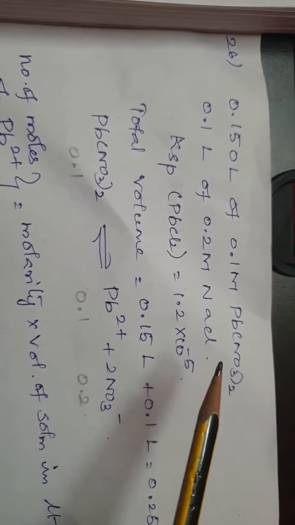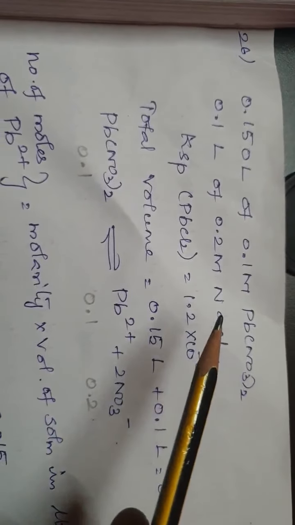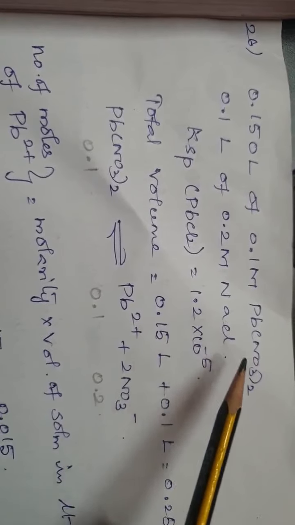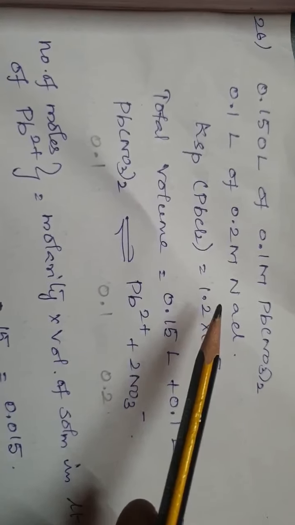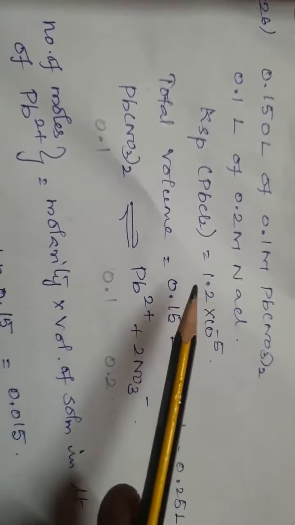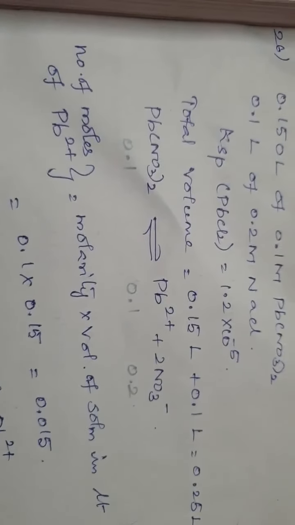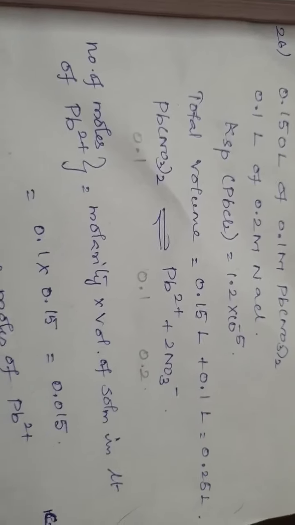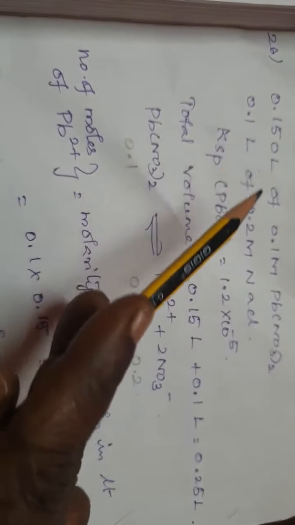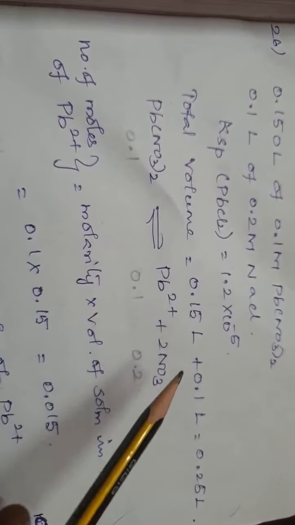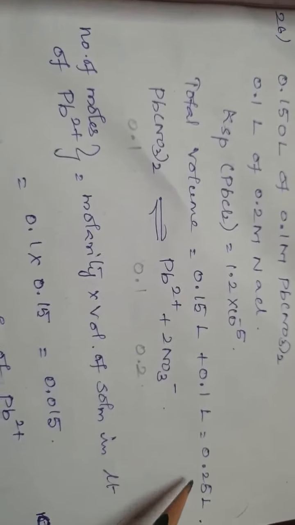So 0.15 liter of 0.1 M lead nitrate and 0.1 liter of 0.2 M sodium chloride are mixing. The total volume is 0.150 plus 0.1, so 0.25 liter.